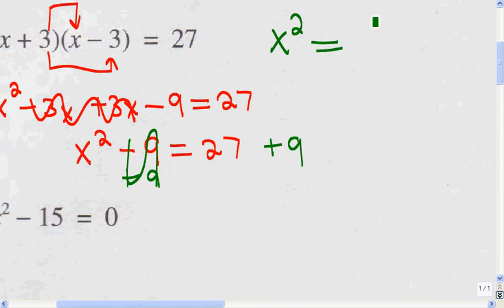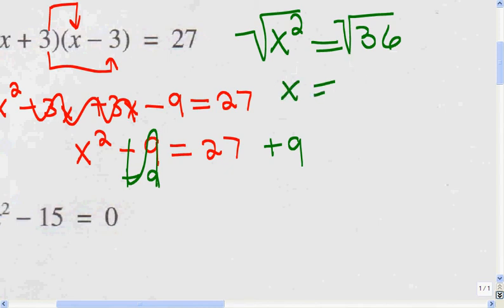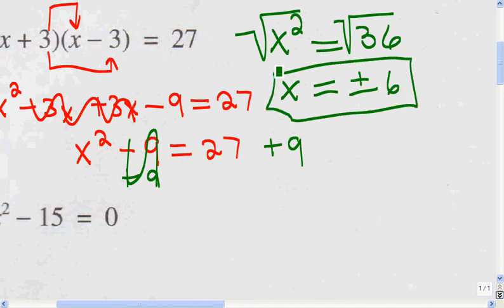Well, 27 plus 9 is 36. Now to solve what x is, I just use my square root function. The square root of x squared is x. The square root of 36 is a positive and negative 6. That's my answer.